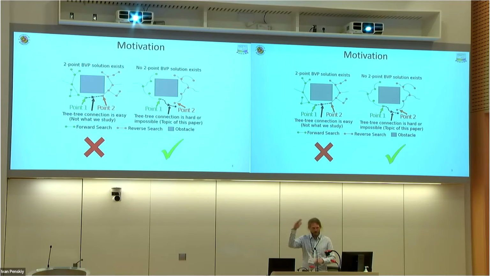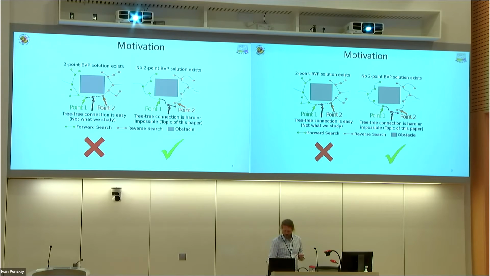Now we can often forward simulate, which means that starting at one point, we know where we might end up. But to link two points is very challenging for a lot of robotics problems. So when you can't link two things up, doing bidirectional search all of a sudden becomes hard or impossible. So this work is to get the benefits of bidirectional search when you cannot solve the two-point boundary value problem.